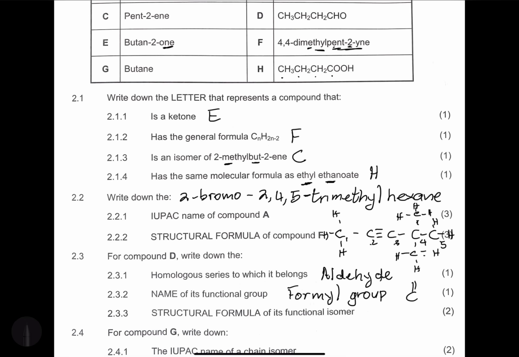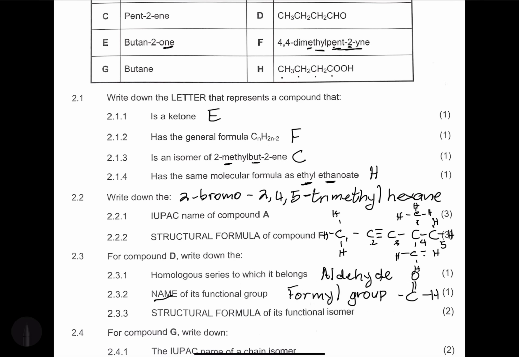Remember, it's that C double bond O with an H, right? But remember, they did not want the structure, they wanted the name. So that's very important. Okay, the next one, they ask for the structural formula of its functional isomer. Now, please remember that the functional isomers of aldehydes are ketones.